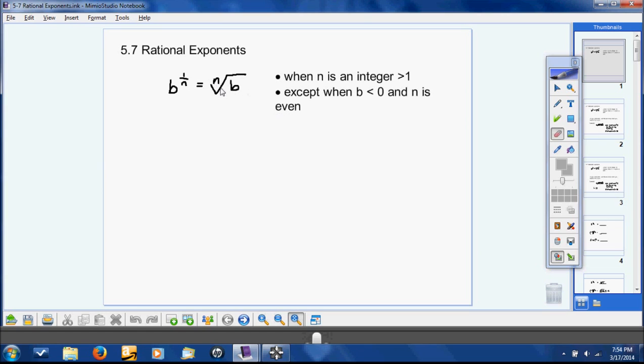So if n is 2, 4, 6, 8, 10, 12, you can't have a negative number under the radical. If n is 3, 5, 7, 9, if it's odd, you can have a negative root. Okay? So this is our definition of a rational exponent.